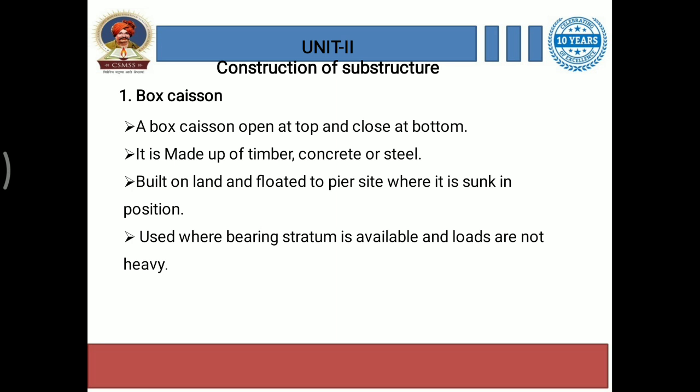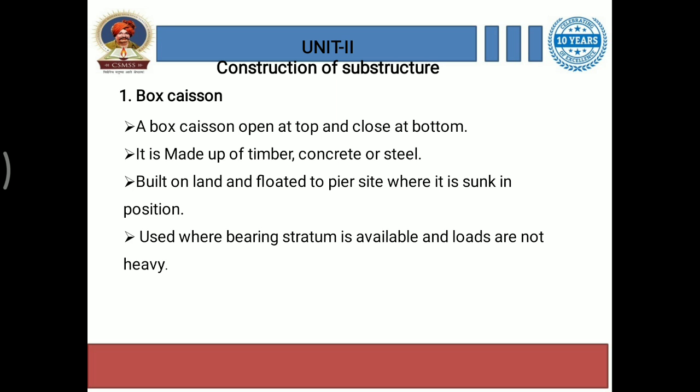So first, box caisson. A box caisson is open at top and closed at bottom. Just remember these types of caisson by starting from open at top and closed at bottom. This is a box caisson. It is made up of timber, concrete, or steel.